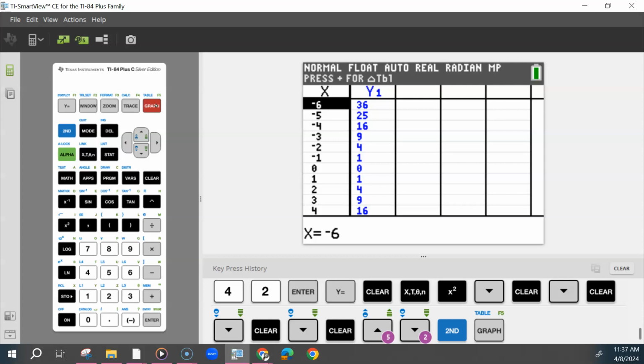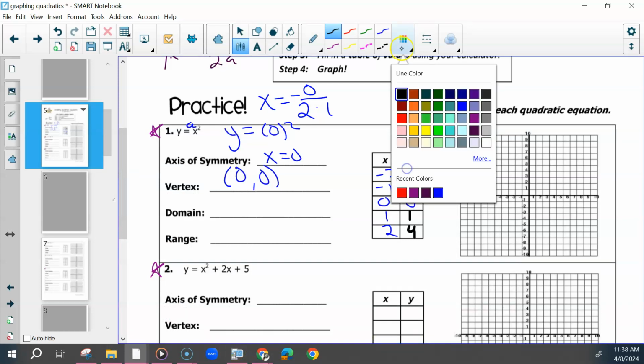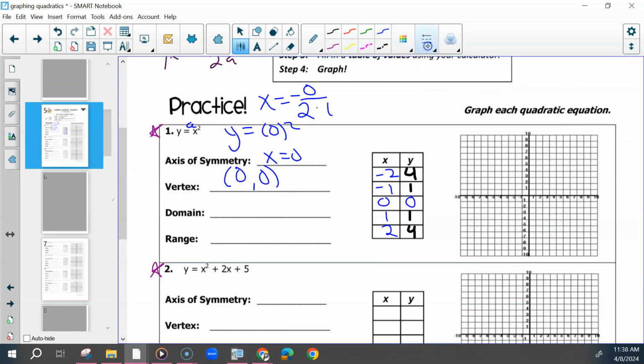Because the axis of symmetry makes it symmetric, whatever you have on one side of the vertex is going to be the same on the other. So 4, 1, 1, 4. And then you can plot those 5 points.